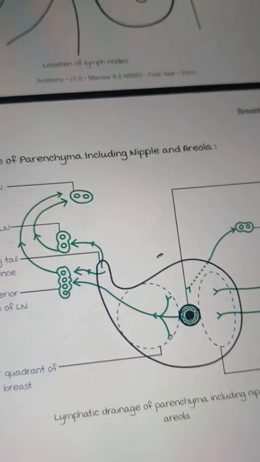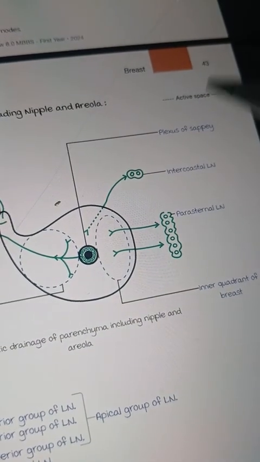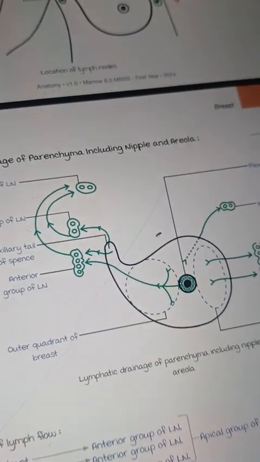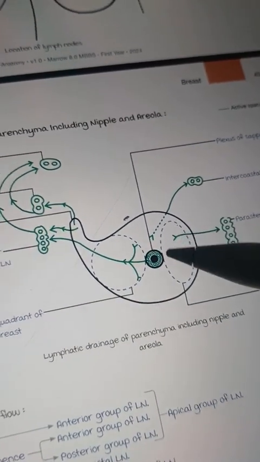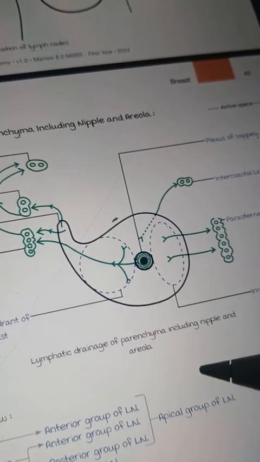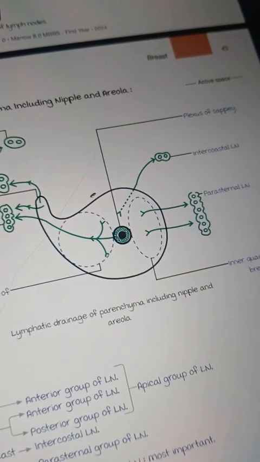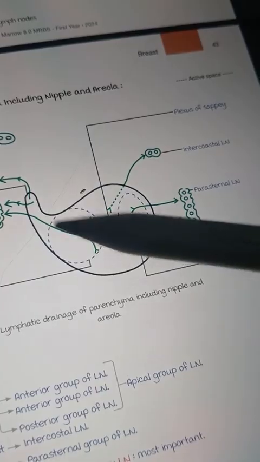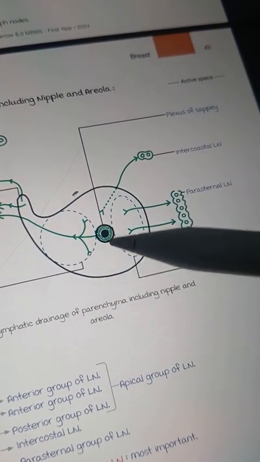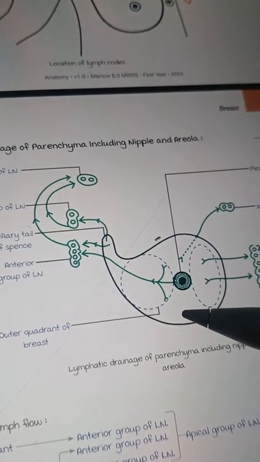Then, talking about how lymphatic drainage occurs: basically the intercostal lymph nodes and parasternal lymph nodes. The intercostal lymph nodes drain the deeper aspects of the breast. The inner quadrant of the breast is drained by the parasternal lymph nodes, and the axillary tail of Spence is drained by the anterior and posterior groups of lymph nodes, and the outer quadrant is drained by the anterior group of lymph nodes.